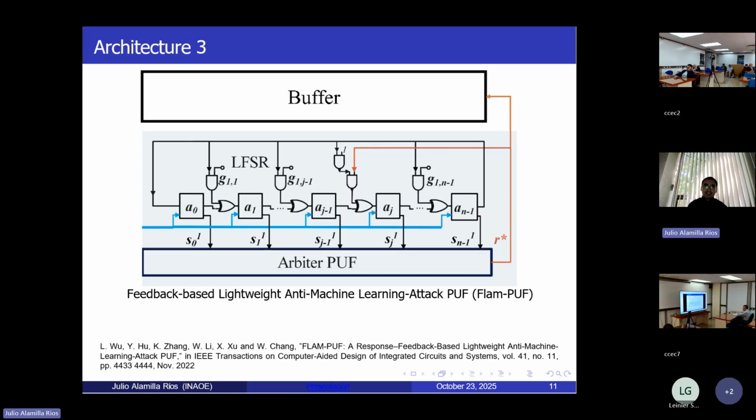The third phase introduces secondary confusion, in which the accumulated responses reconfigure the LFSR again to generate the final output. This bidirectional interaction between the LFSR and the arbiter PUF ensures that each response influences subsequent challenges.